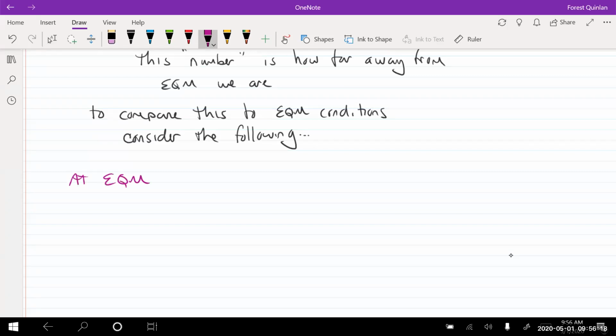At equilibrium, delta G is equal to 0, right? There is no driving force. Everyone is in its place.